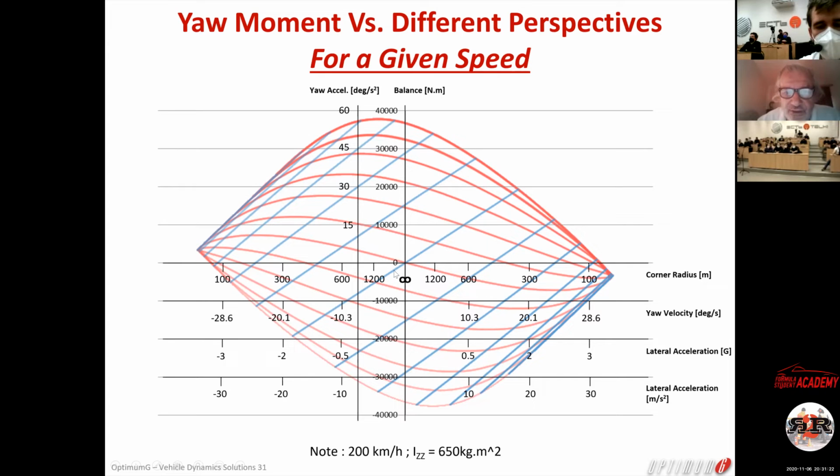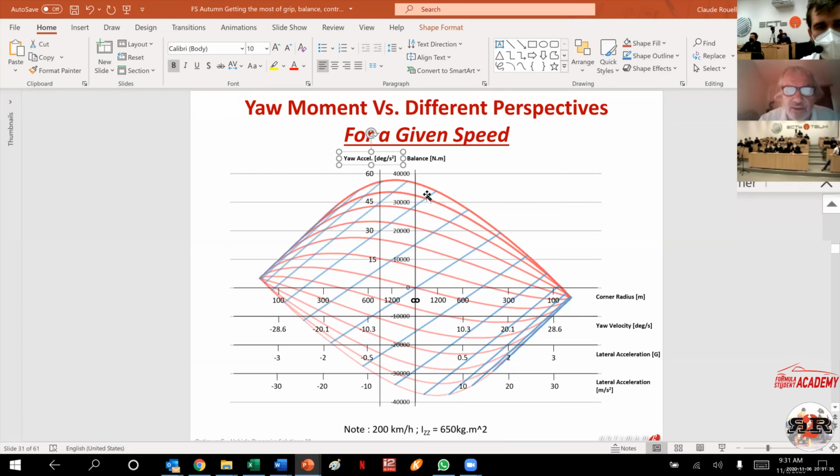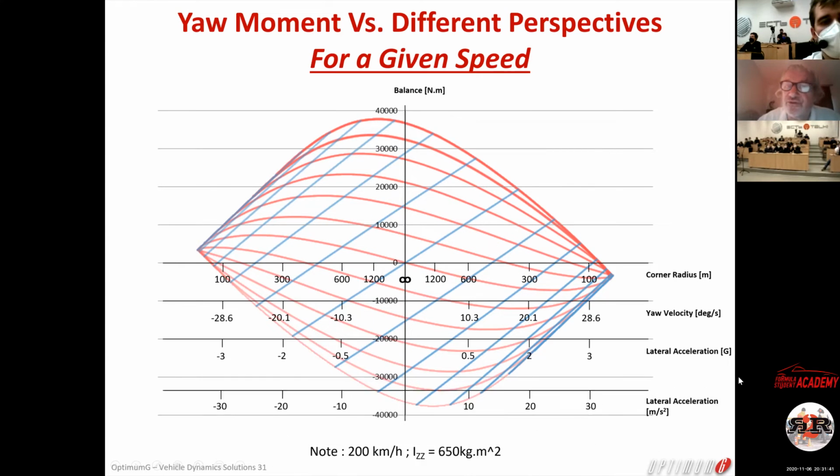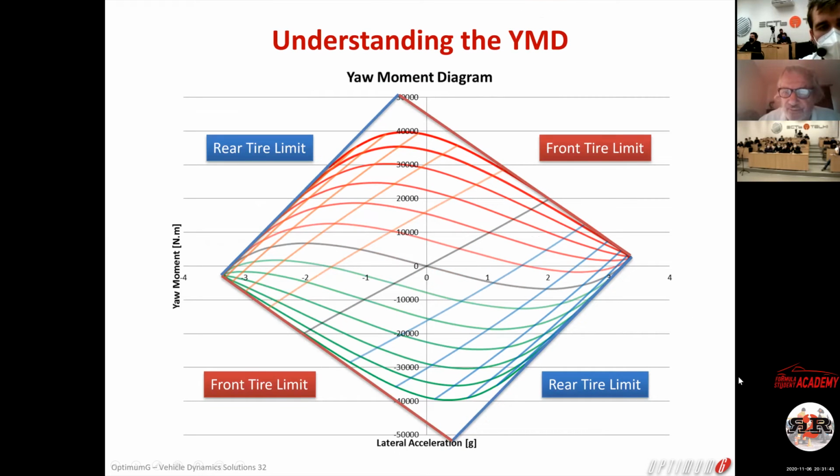So obviously the yaw velocity is 0 there. No, yeah, it's degrees per second squared. It's a yaw acceleration. Maybe I was right. It's not the yaw speed, it's the yaw acceleration.